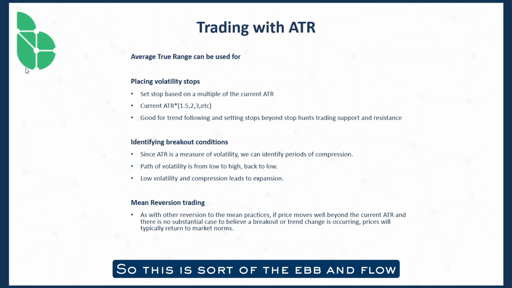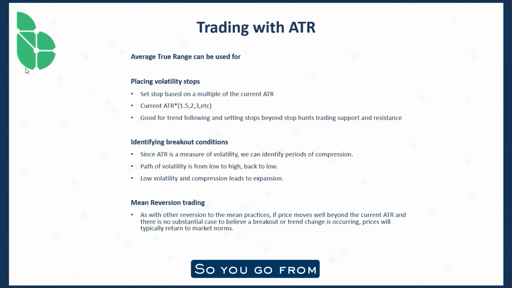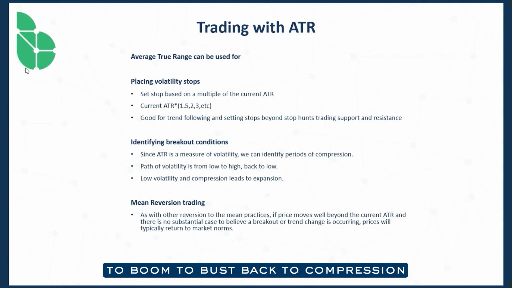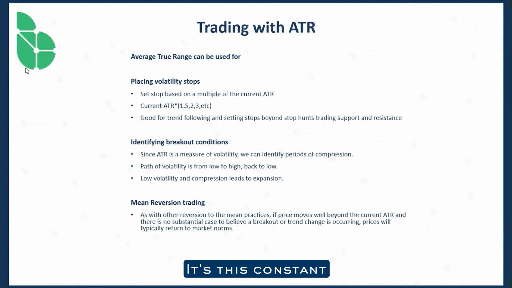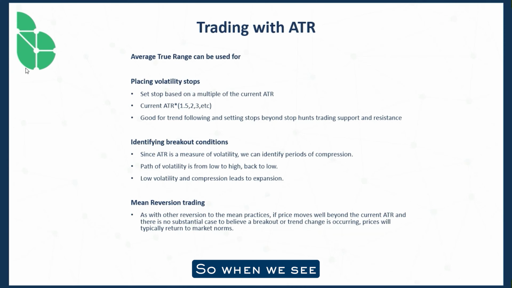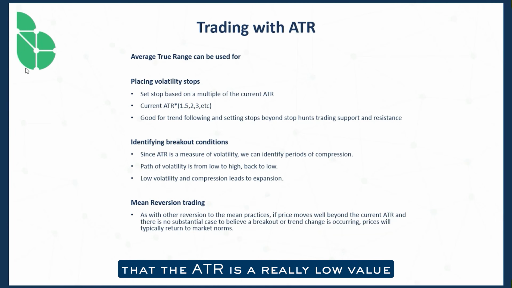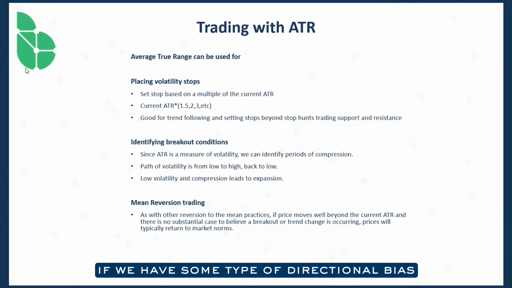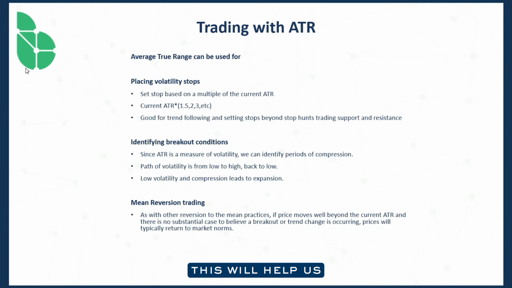This is the ebb and flow of markets: from compression to boom to bust and back to compression. So when we see that the ATR is a really low value, and we have some type of directional bias, this will help us time or position ourselves pre-expansion.